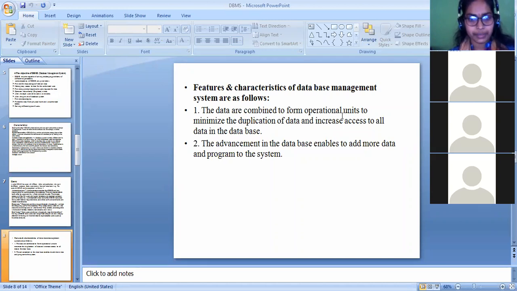The whole data can be combined together for operational units to minimize the duplication of data. In our database management system, we cannot enter any duplicate entry. We can save a specific data at a specific time or a specific name. The advancement in the database enables adding more data and programs to the system.